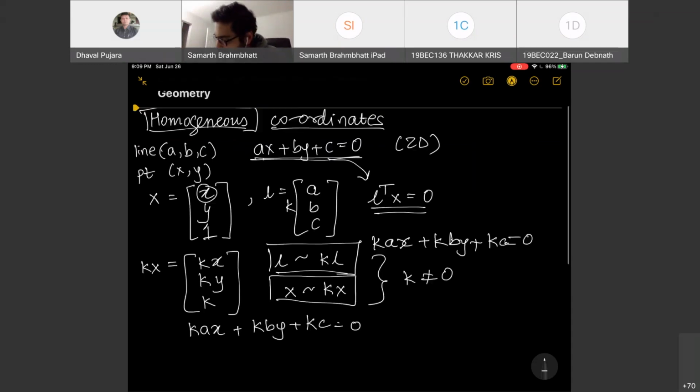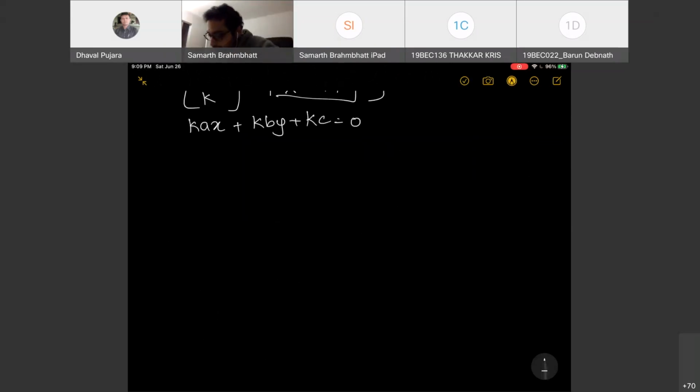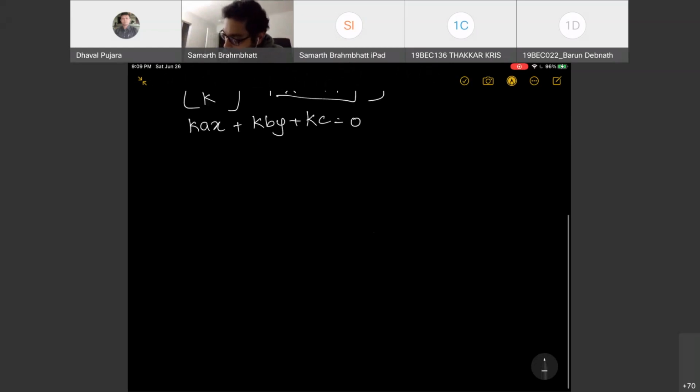So let's look at some of those properties. Also note this wavy symbol: it is used to indicate equivalence in homogeneous coordinates.